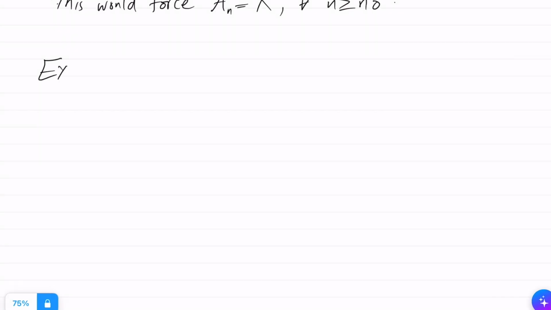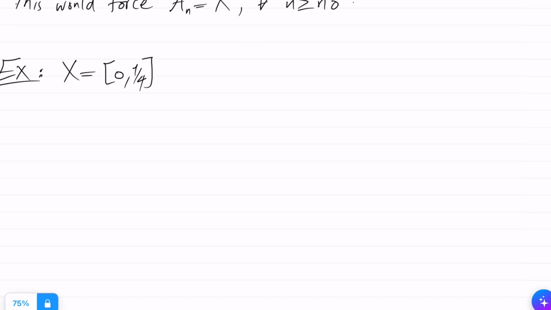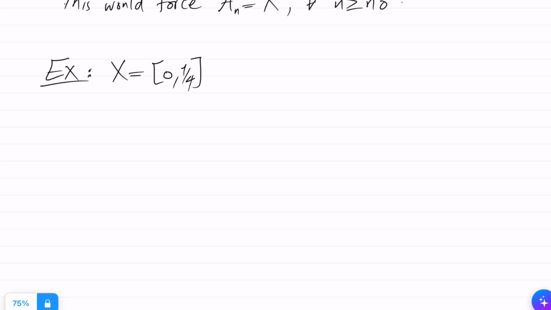An example that we will keep visiting again and again is you take the interval. Let me put this 1/4 so that we're safe. Okay, so what happens is, initially, let's say you take some point. Let me also draw it a bit larger. So you have just x naught.